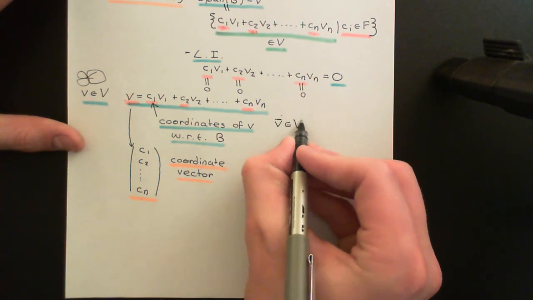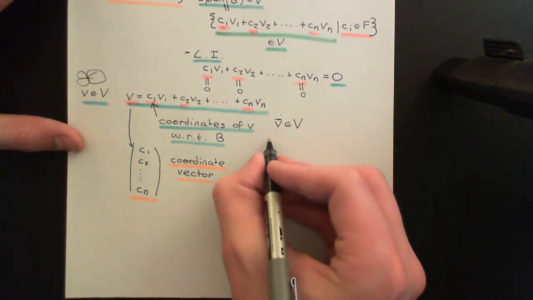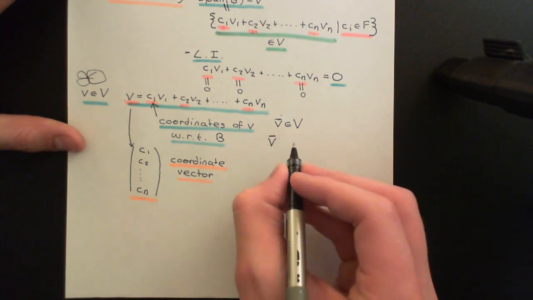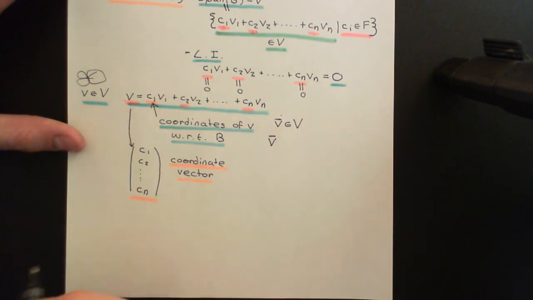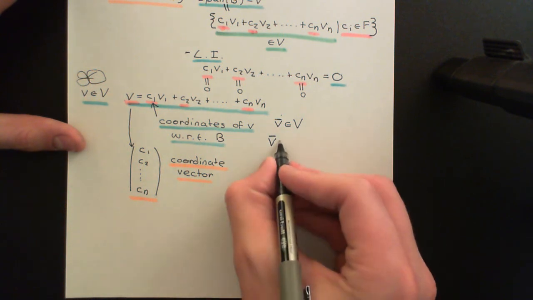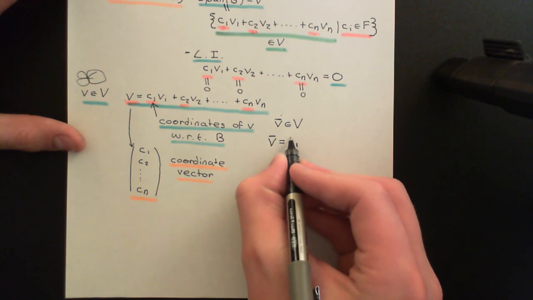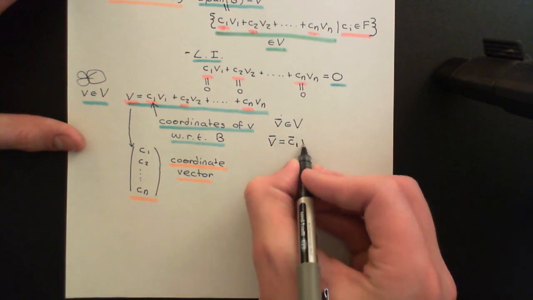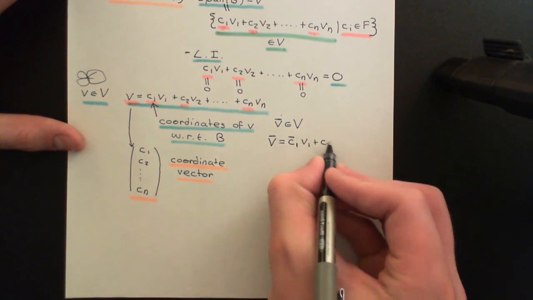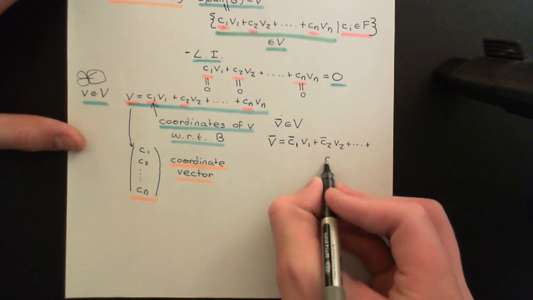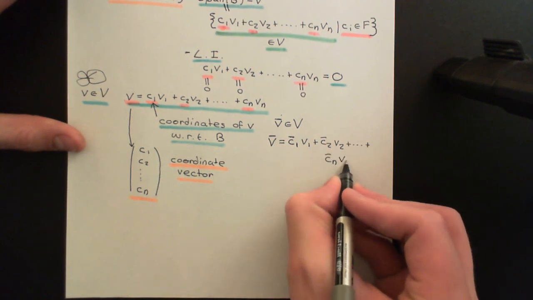So v bar is another element of the vector space capital V, and again we will describe it in terms of its coordinates with respect to the basis v1, v2, all the way up to vn. We decompose it on exactly the same principle: c1 bar times v1 plus c2 bar times v2, and we go all the way on until plus cn bar times vn.